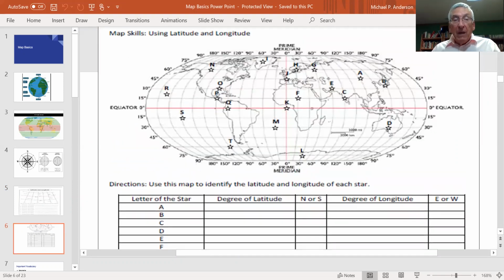That works. Now, with the previous map, we had the coordinates. With this one, we just have the site and we have to come up with the coordinates. So what you're going to do on this sheet, we're going to find this point, letter A. Okay, so we look up on the map. Oh, there's letter A right there.